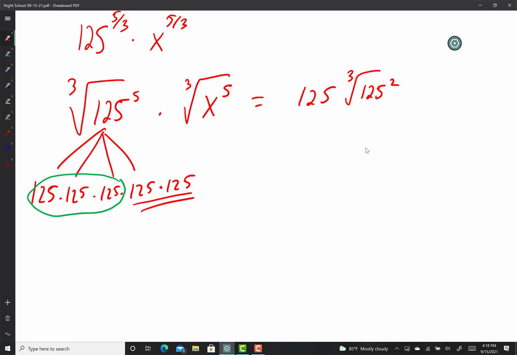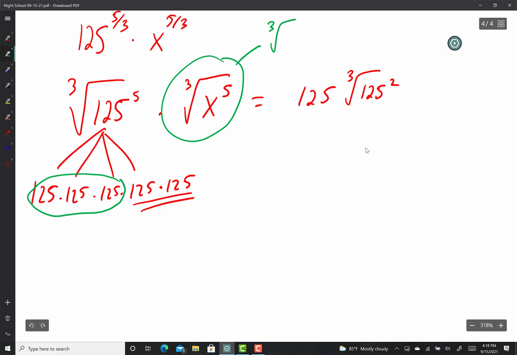And then this one here, there's nothing you can do about this guy. Well, I guess there is something. Third root, x to the 3rd times x squared, right? That's it. Times x squared.